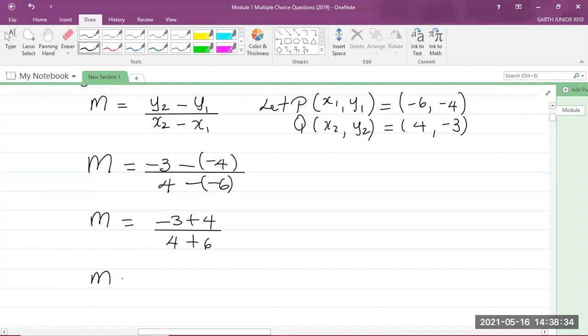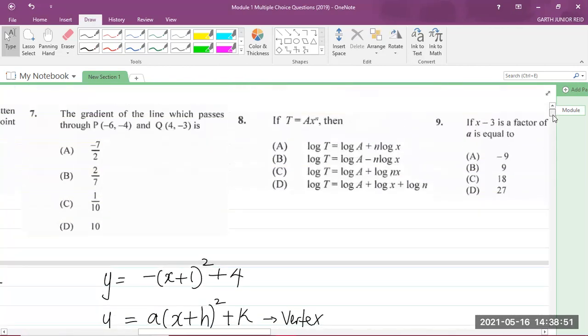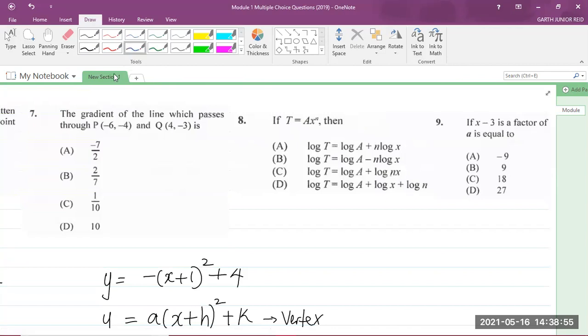So m is equal to -3 plus 4, which is the same as 4 minus 3, that's 1, divided by 4 plus 6, which is 10. So the gradient is equal to 1 divided by 10, and that is C.